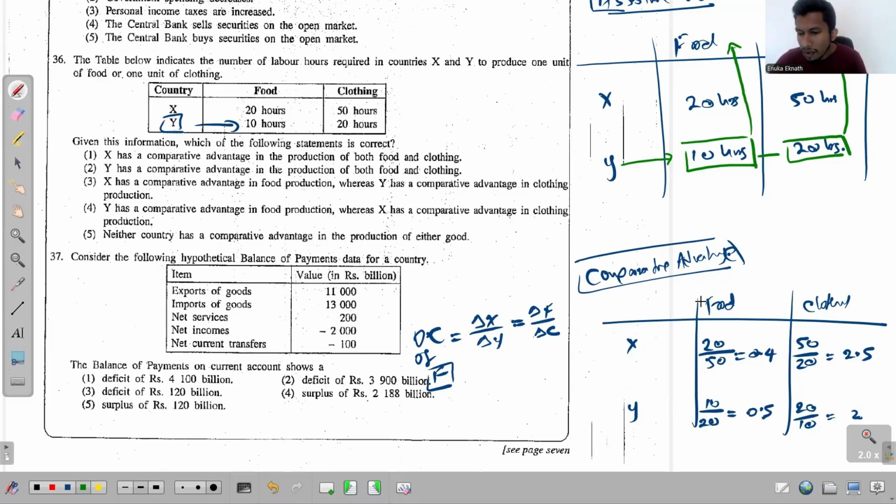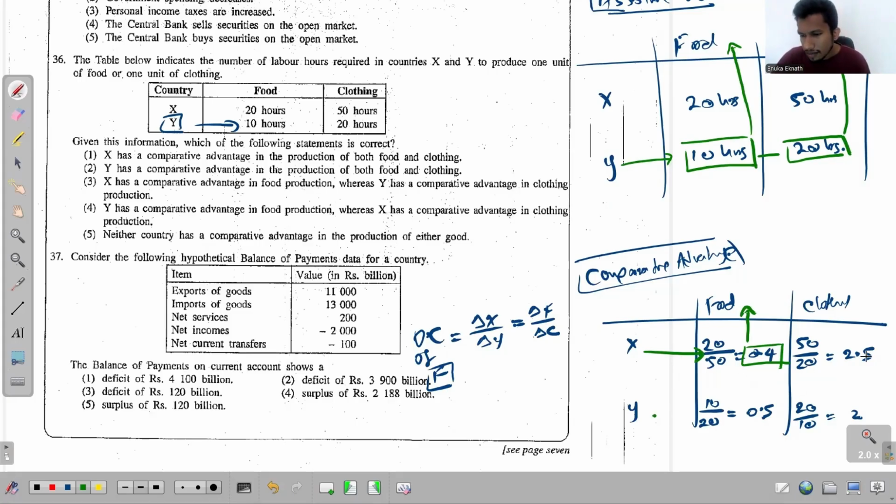Okay, when it comes to food, the opportunity cost of producing food in country X is 0.4, and the opportunity cost of producing food in country Y is 0.5. So the country with the lowest opportunity cost of producing food is country X. So they have the comparative advantage in producing food.